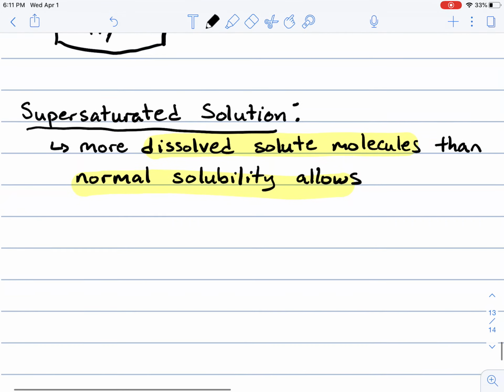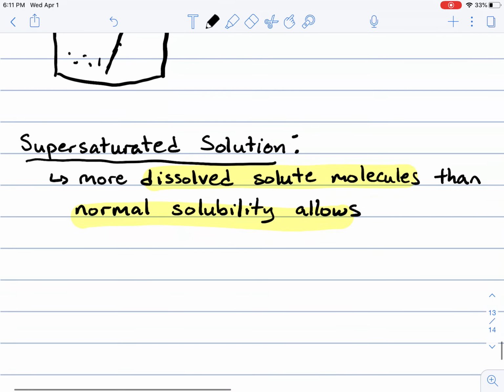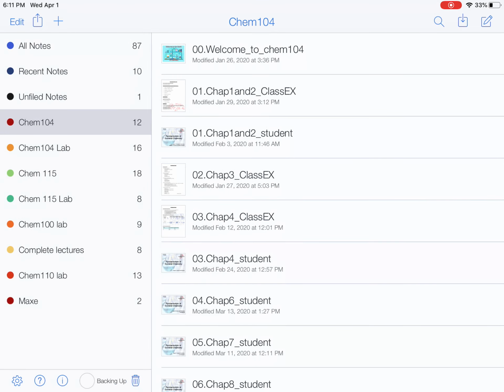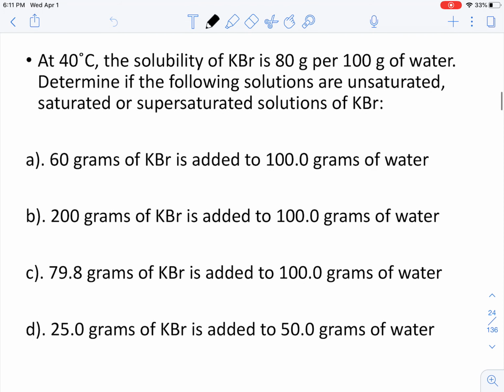Cool. And so the last thing that I want to cover, for saturations of solution, is one specific problem. So at 40 degrees Celsius, the solubility of potassium bromide is 80 grams per 100 grams of water.